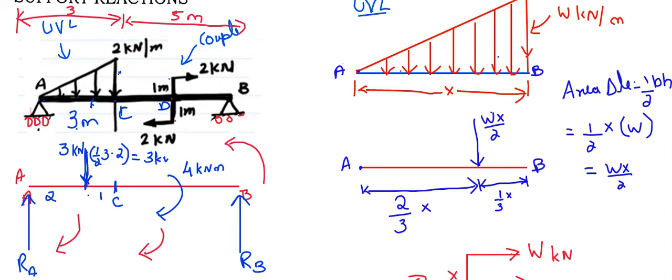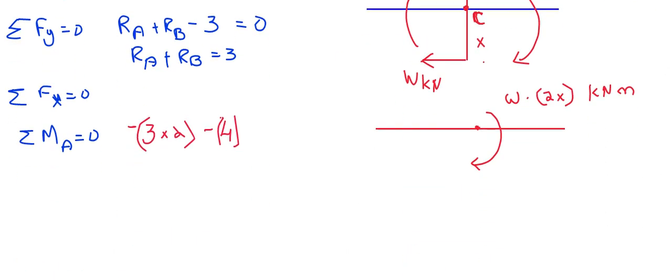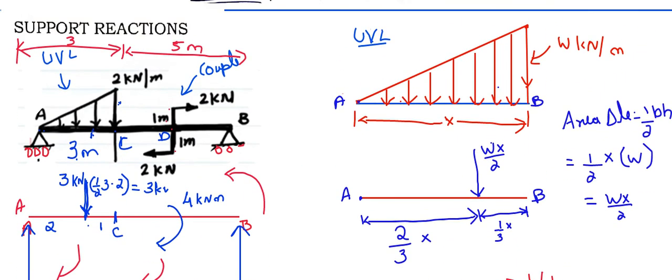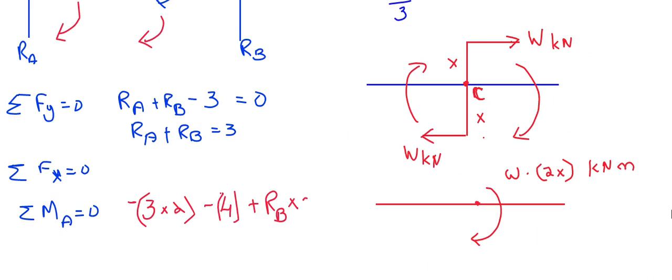We already took 3 meters here, so the rest is 5 meters, so plus RB into 3 plus 5, which is 8. RB is acting at 5 plus 3, 8 meters, equal to 0.